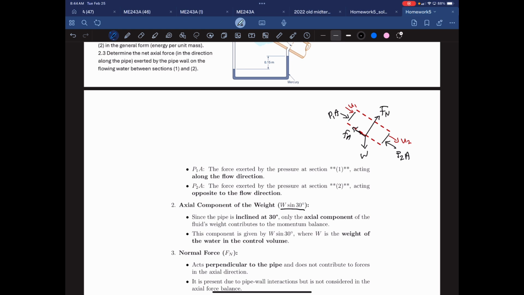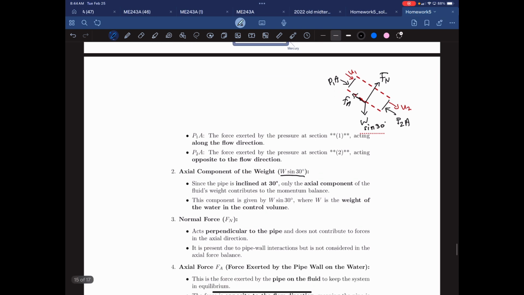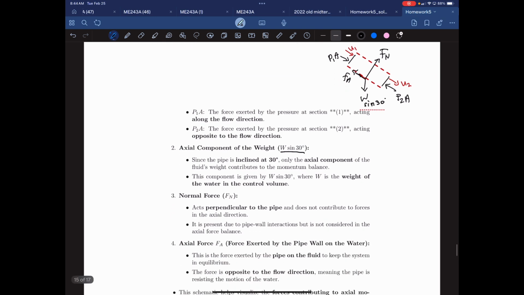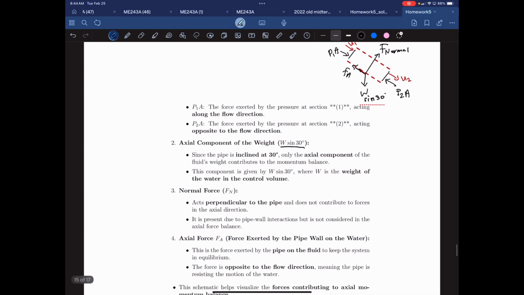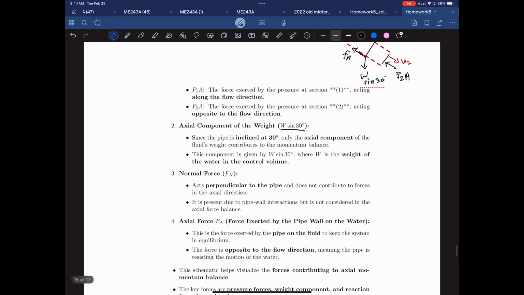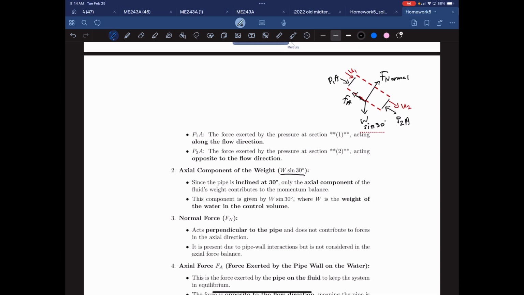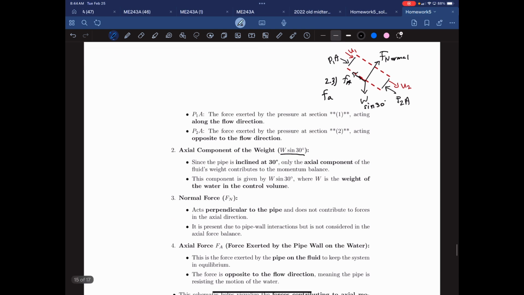And this is the normal force. And then FA is what we'll be finding for 2.3, which is the force exerted by the pipe wall on the water.